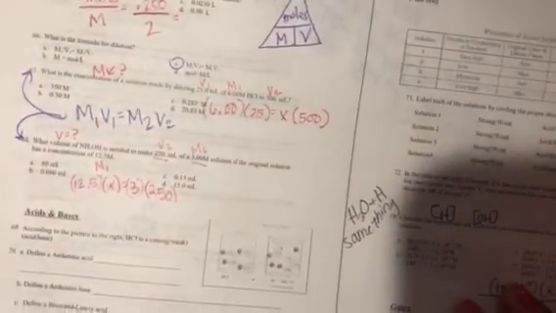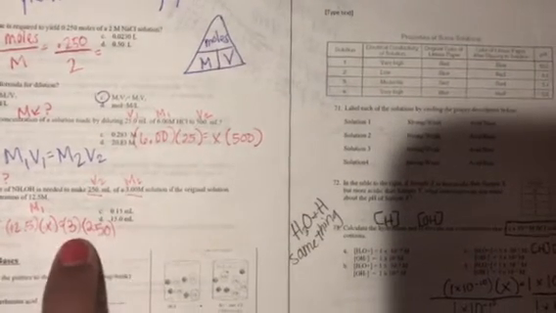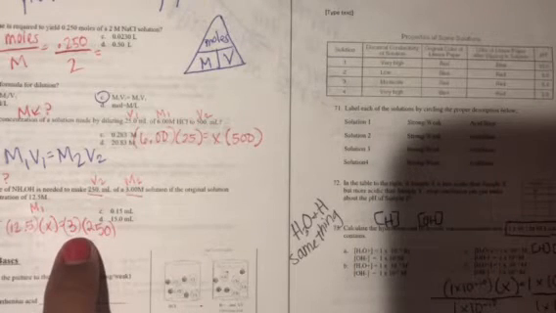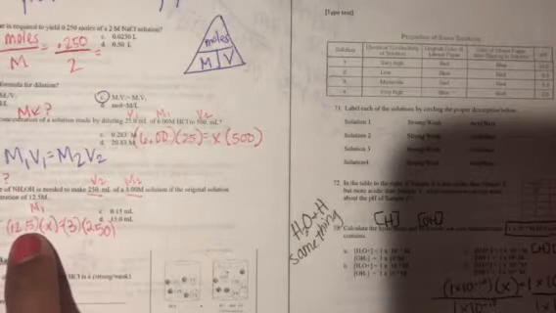Okay, so you set it up. Multiply 250 times 3 first. You'll get a number, and you're going to have to divide on both sides to separate these two.